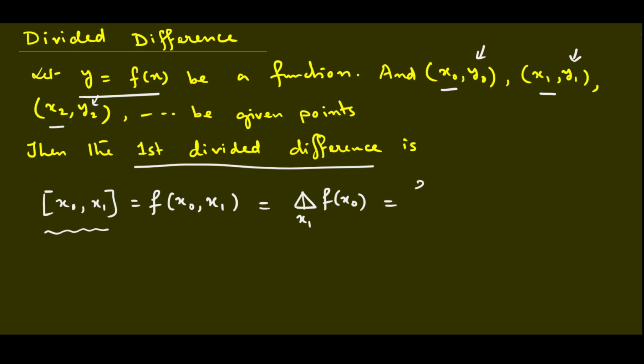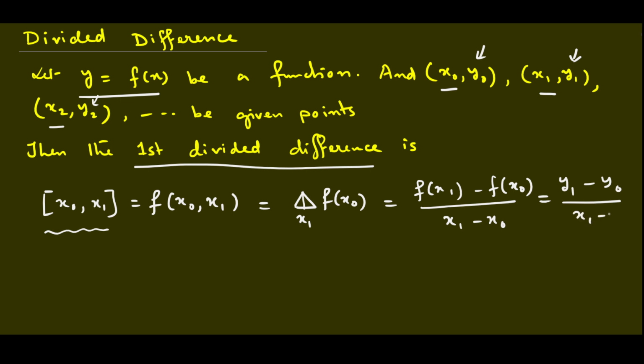So what is the formula? It is f of x1 minus f of x naught divided by x1 minus x naught. What is our f of x1? It is nothing but y1, so y1 minus y naught divided by x1 minus x naught.